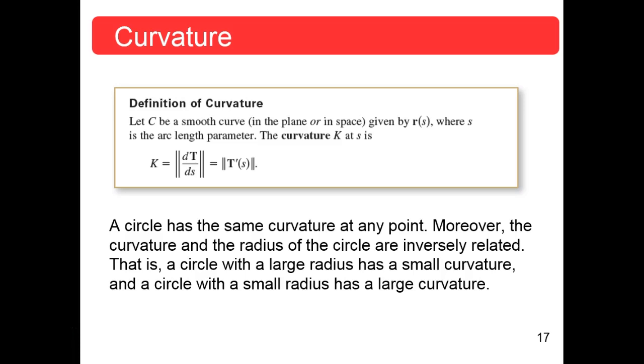That is, a circle with a large radius has a very small curvature. Large radius is not curving much at all, okay? But a really small circle, boy, just a little bit of travel here, you've gone halfway around the circle. So a circle with a small radius has a large curvature.